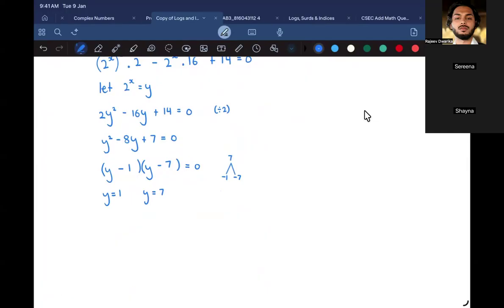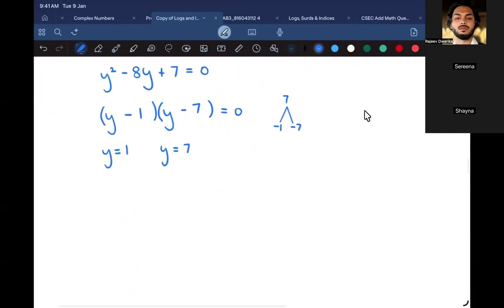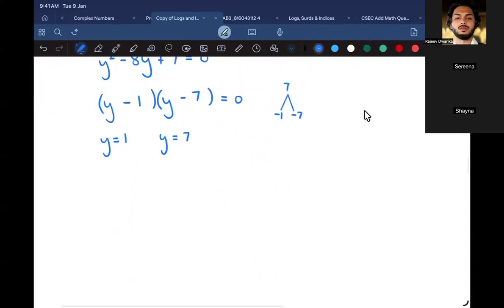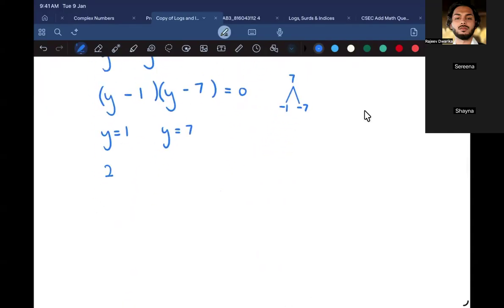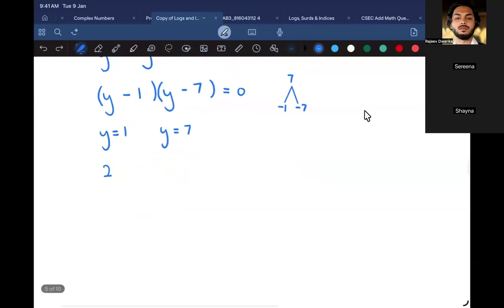Yeah. Okay, let's see. So remember we said that y was equal to 2 to the power x. So you're going to say 2 to the x is equal to 1, and then you're going to say 2 to the power x is equal to 7. Yeah? Nice. Is this a case where we would have to use logs?